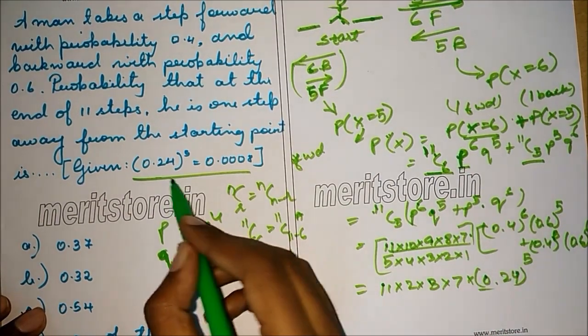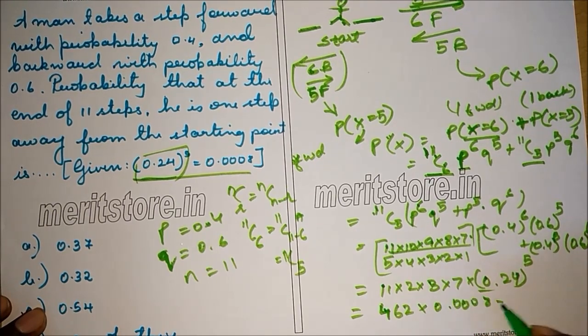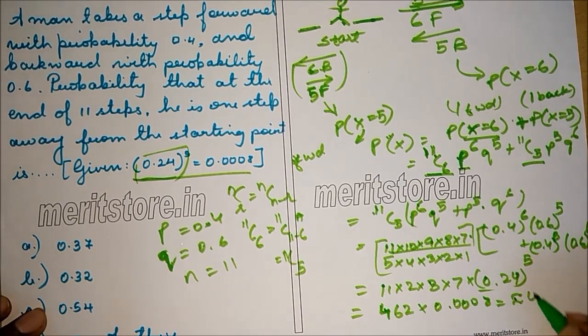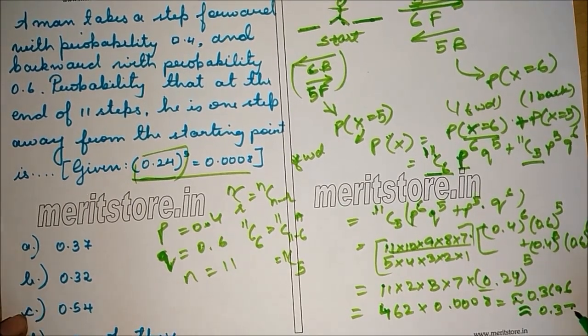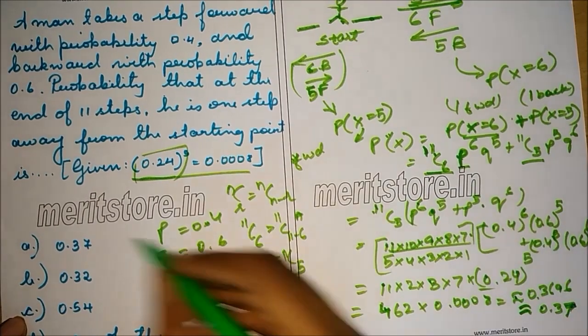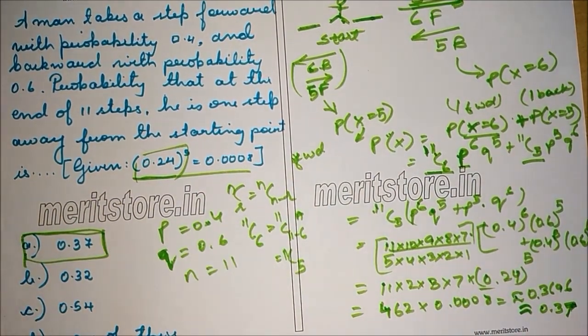Now 0.24 raised to 5 is given. So the final form is 462 into 0.0008, which is approximately 0.3696, which is approximately 0.37, which is option A. Probability is 0.37.